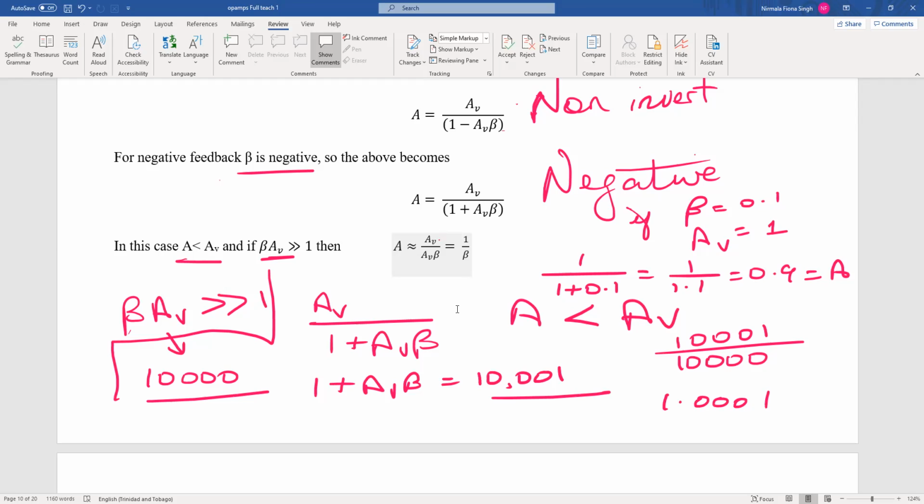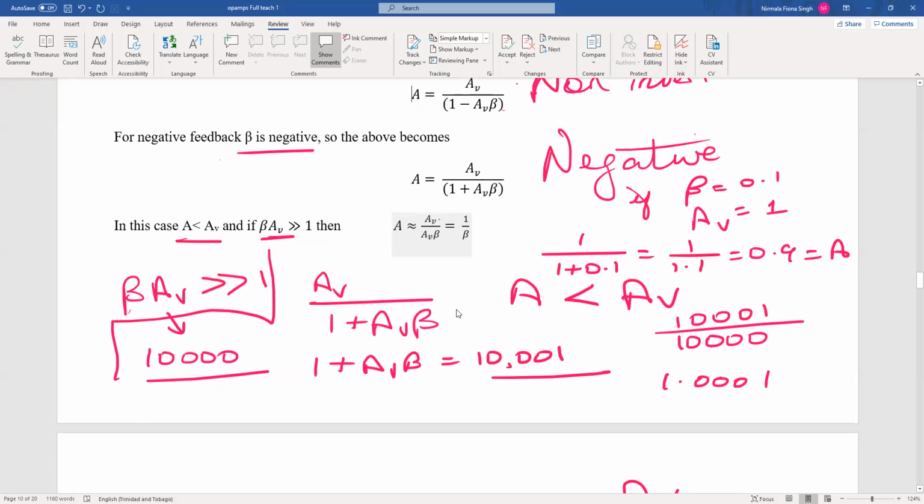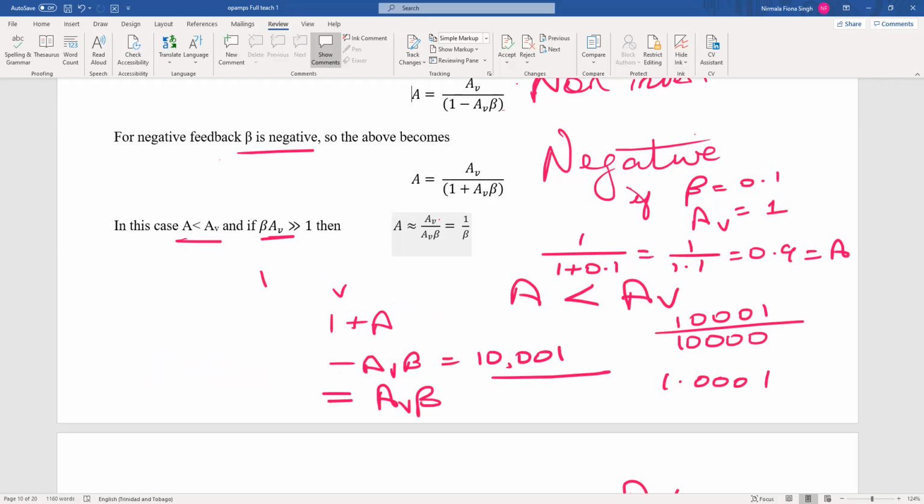That's the same number. So this is where they say you can make the approximation. When beta AV is much greater than 1, 1 plus AV beta is going to be the same thing as saying AV beta. Let me clear this up so you all can see it clearly.